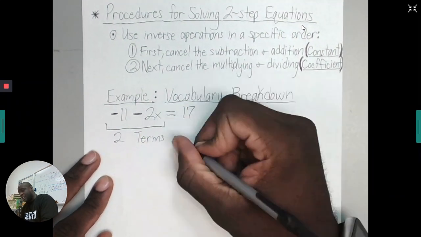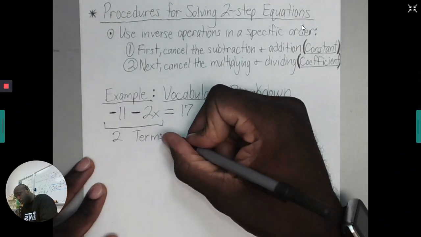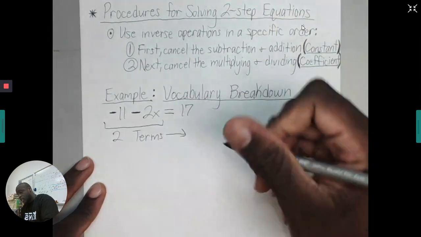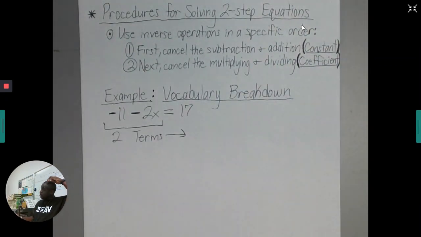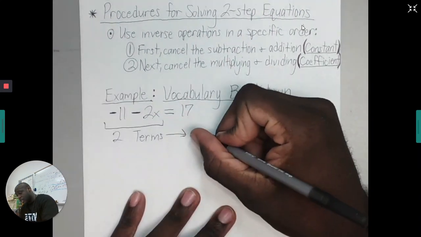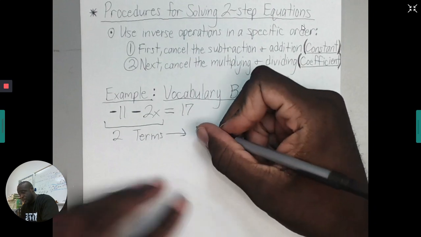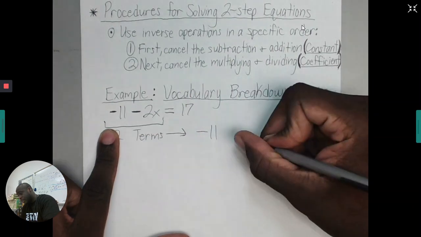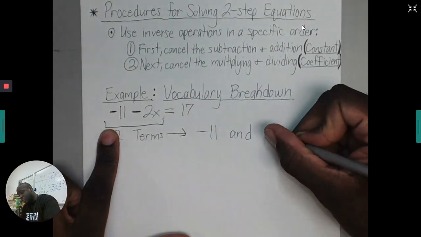For those who may not have already known this, terms are parts that are separated by a plus or minus sign. In this case, your two terms on the left side of the equal sign are negative 11 and negative 2x.